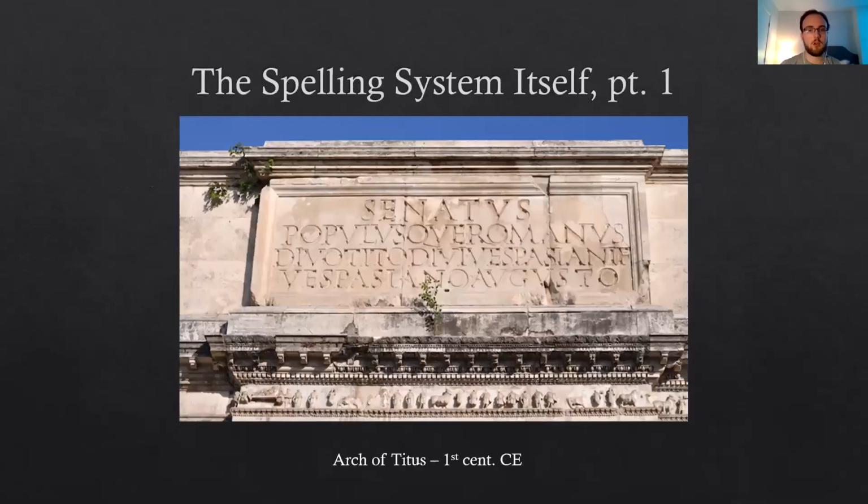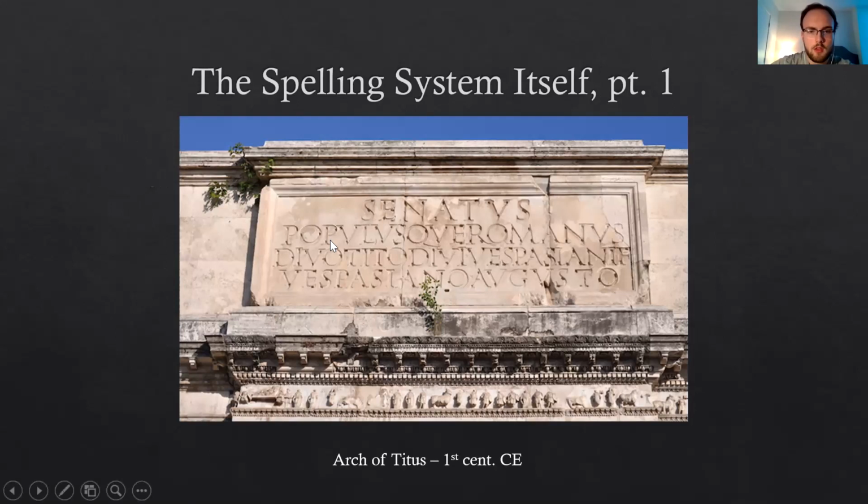So we will start right now with a look into the spelling system itself. I'm bringing up again the Arch of Titus inscription because it's a very clear Latin inscription. And if we look closely at this inscription, what we notice is that we only see 5 vowels depicted.